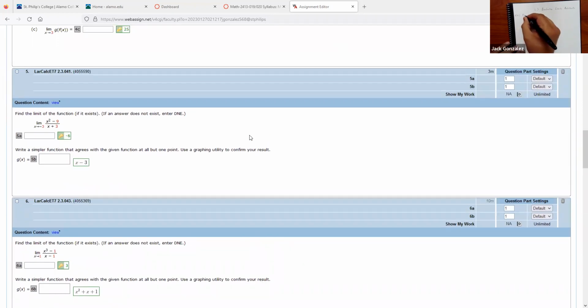So find the limit of the function as x approaches -3: x squared minus 9 over x plus 3. All right, so let me switch over.